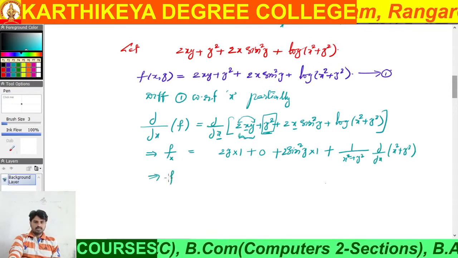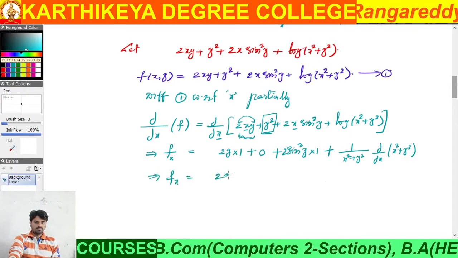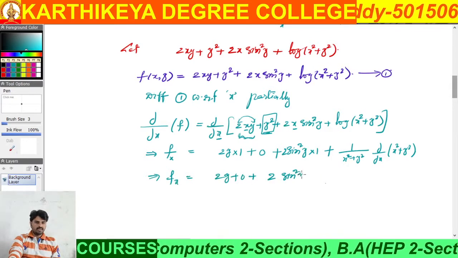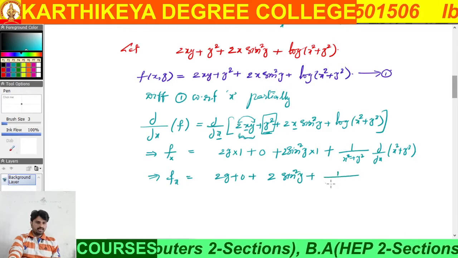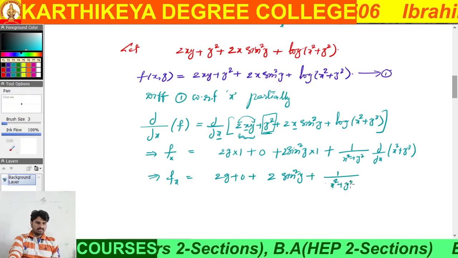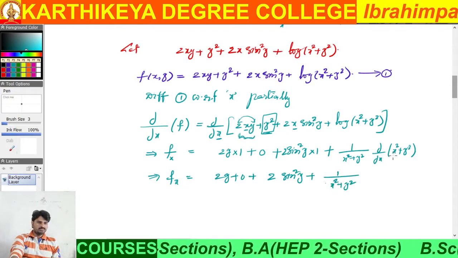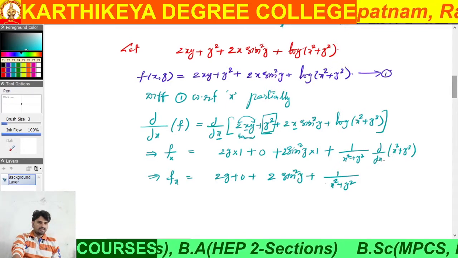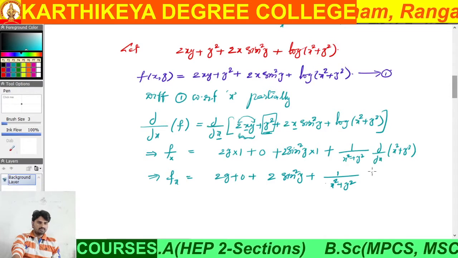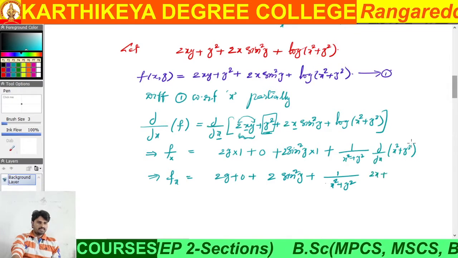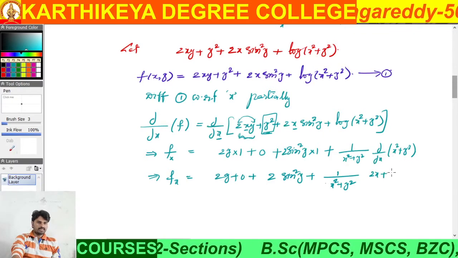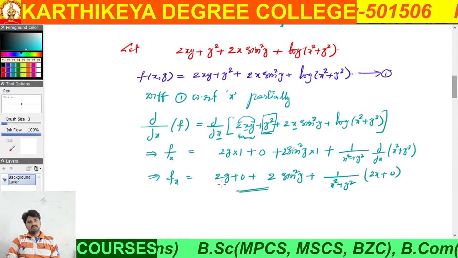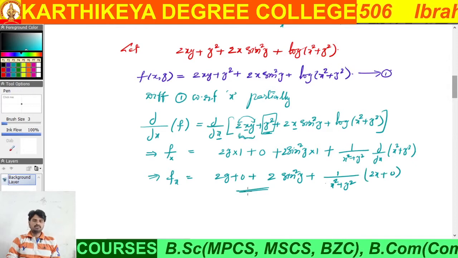Now f sub x is equal to 2y plus 0 plus 2 sine square y plus 1 by x square plus y square times 2x. This is the derivative of the function with respect to x.